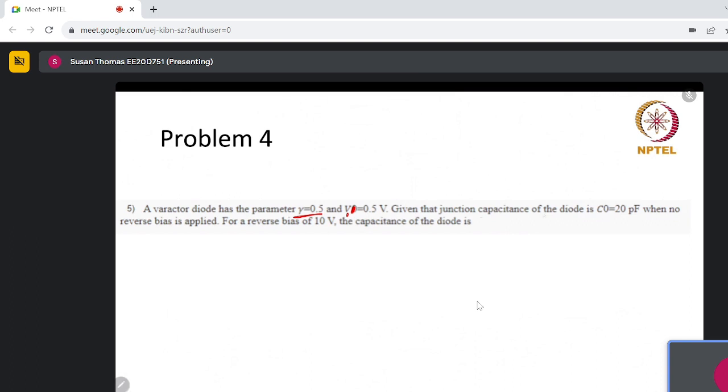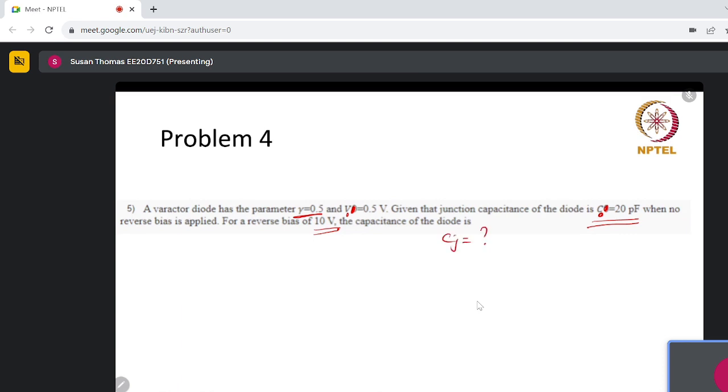Given that the junction capacitance of the diode, C naught, is 20 picofarad when there is no reverse bias applied. Whenever there is no reverse bias, you have C naught equal to 20 picofarad. Then for a reverse bias voltage of 10 volt, what is the capacitance?